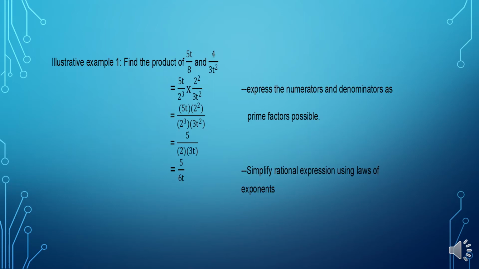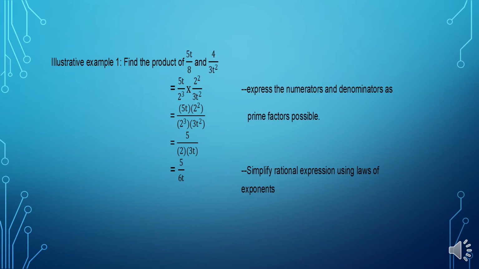We have here some illustrative examples. Number 1. Find the product of 5t over 8 and 4 over 3t squared. When we say find the product, it means we are going to multiply.